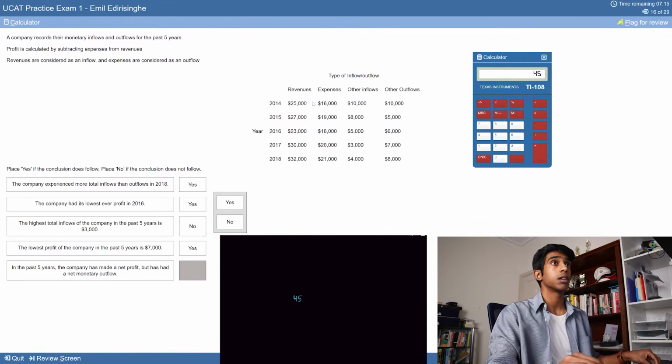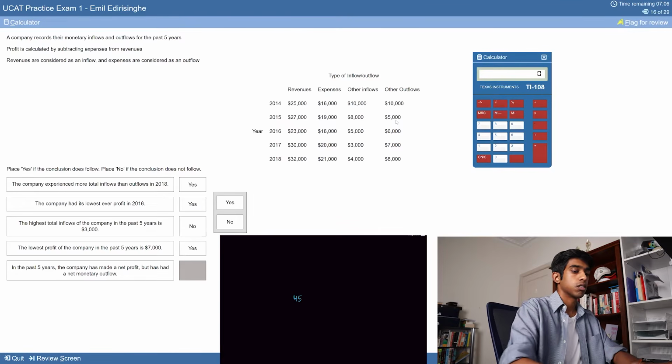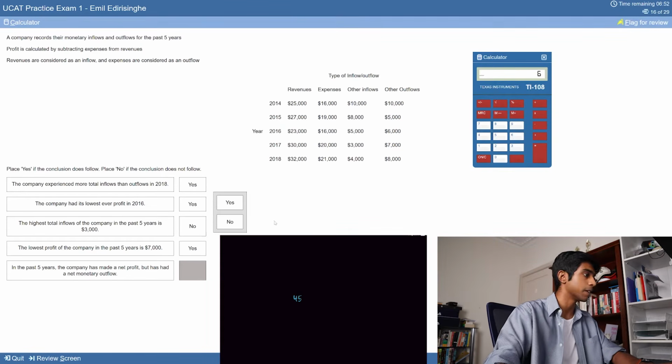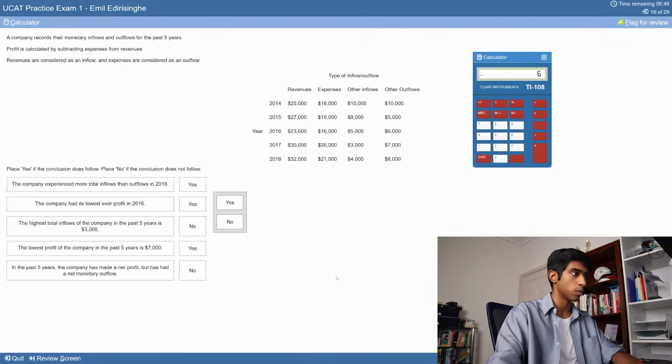How much time do I have? 7 minutes. Then inflows and outflows, you have 3,000 minus 1,000 minus 4,000 minus 4,000. I typed it wrong, but this is definitely no, because the revenue is way more.